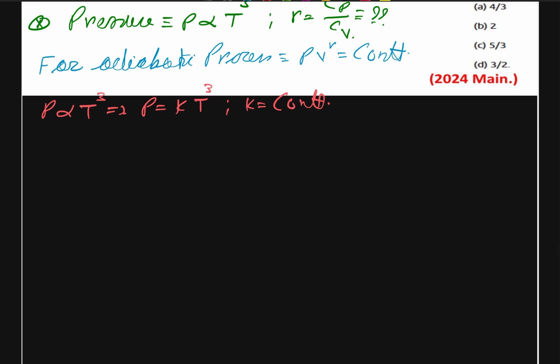And we can use our ideal gas law. You can say for ideal gas law, we can write that PV is equal to nRT, or from here we can write that V is equal to nRT divided by P, and we know that our P is K times T cube.